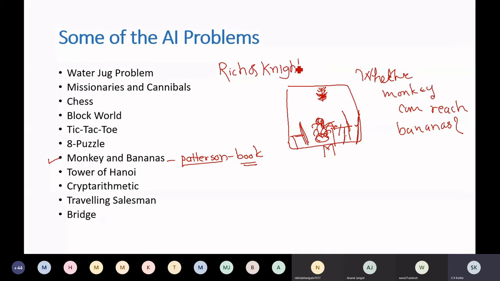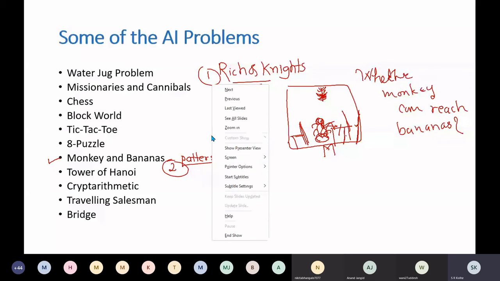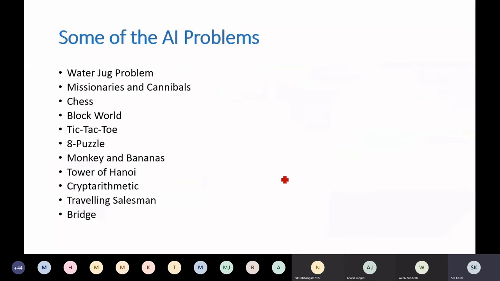Study all these problem definitions from the Rich and Knight book. This is the first book, where you will get all the problems, and the monkey bananas problem you will get in this Patterson book. Okay? Any difficulty up to this?